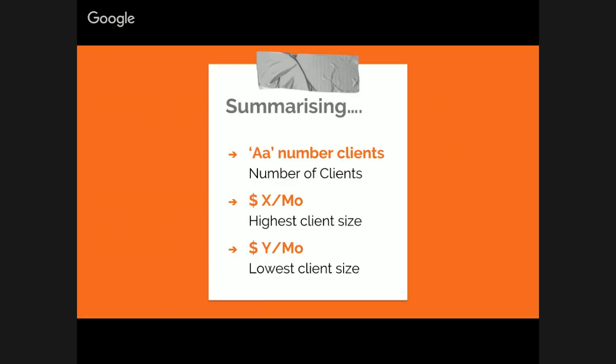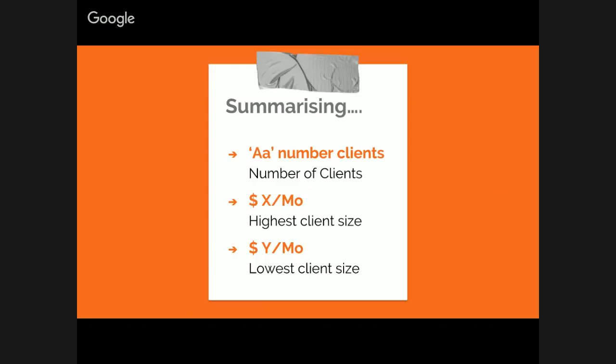If in your answers you have worked with 100 clients, the lowest client was $100 a month, and the highest client was $1,000 a month. If I ask you the same question after 2 to 3 years, say from 2016 to 2018, put the data of these 3 years in these three questions.